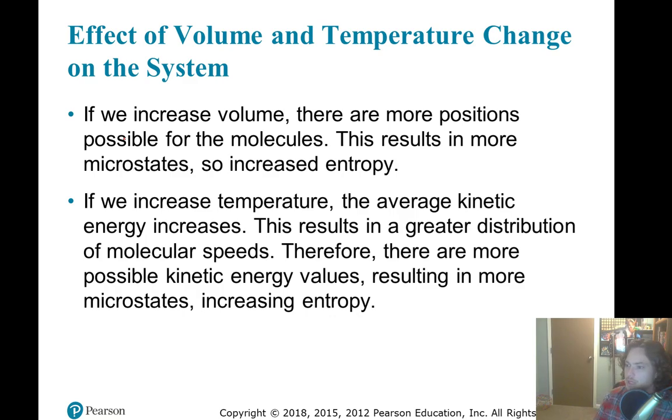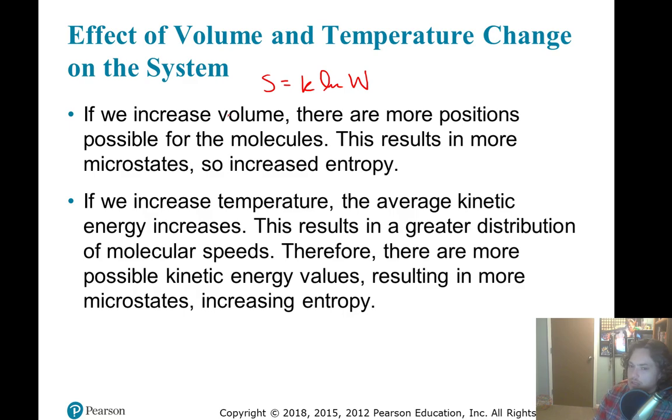Remember we learned that entropy is equal to k times the natural log of W, so if our number of microstates, W, goes up, that means that we'll have an increase in entropy. So increasing volume increases entropy, and therefore decreasing volume would also decrease entropy.